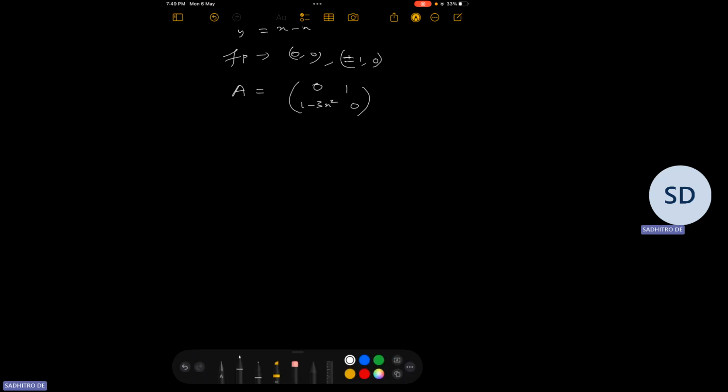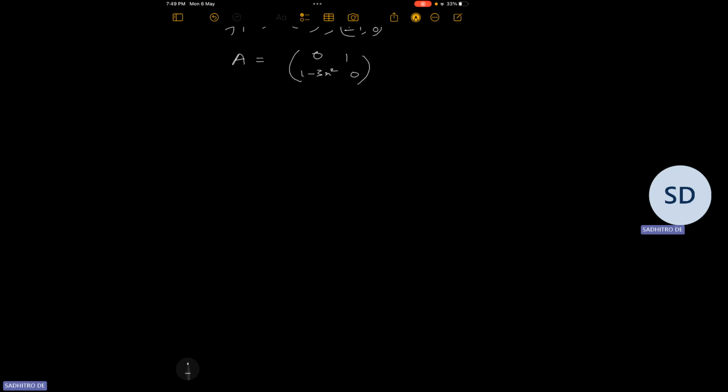So if we first consider the origin, it turns out the trace is 0, and the determinant is equal to minus 1. Therefore, it is a saddle.